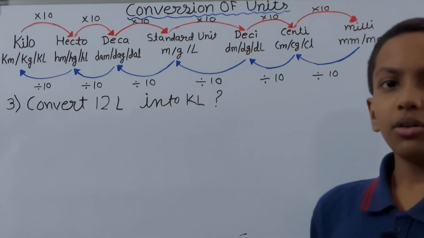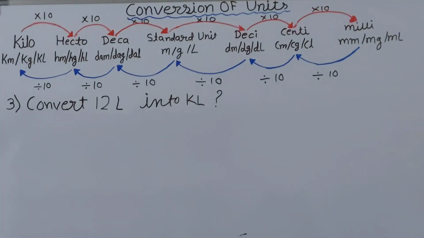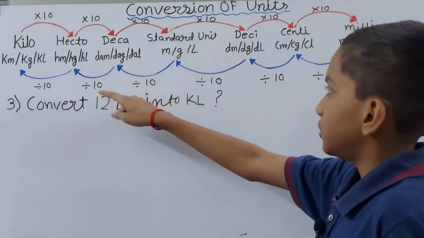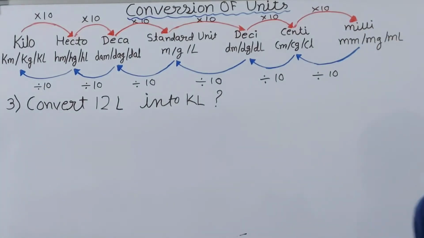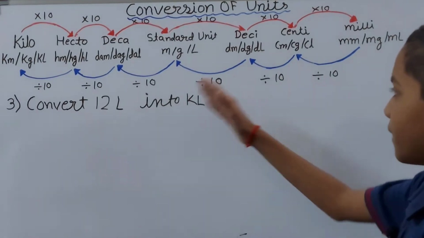And now let's count the number of times we are getting 10. So let's see. From here to here 10, from here to here 2 times 10 and from here to here 3 times 10. But friends, here we are not multiplying, so we need to find the product of our 10.